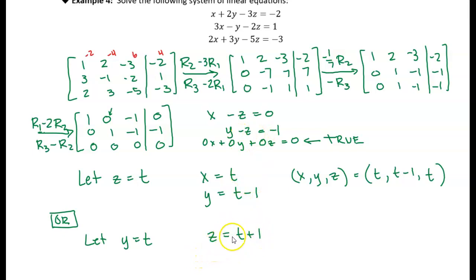Now I know z, and so x is also equal to t plus 1 if I just rearrange these equations. So another parameterization would be t plus 1, t, t plus 1. That's just an alternate way of parameterizing the same system. It's the same solution, it's just a different parameterization is all.